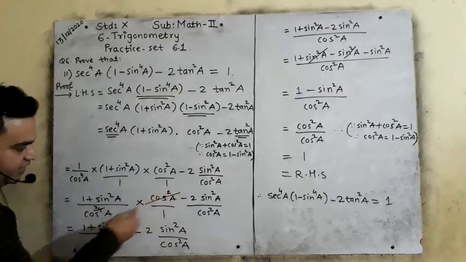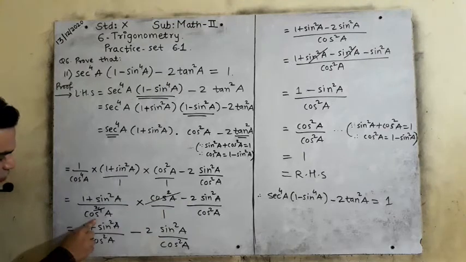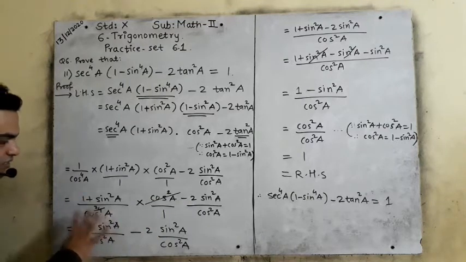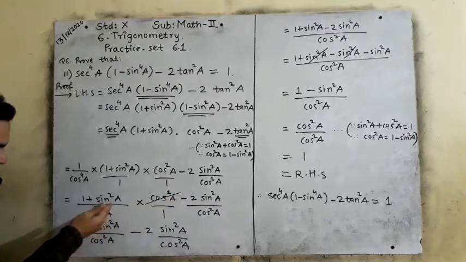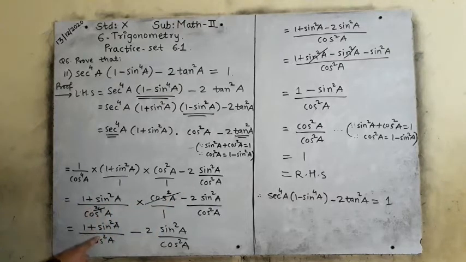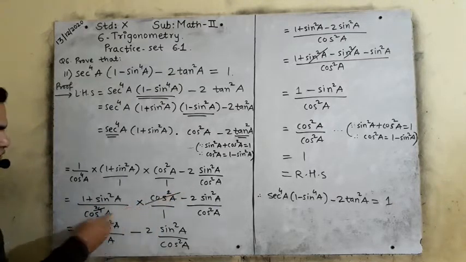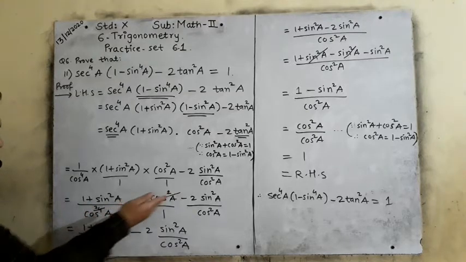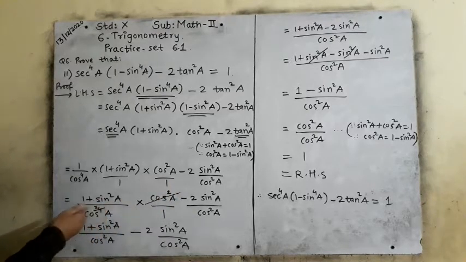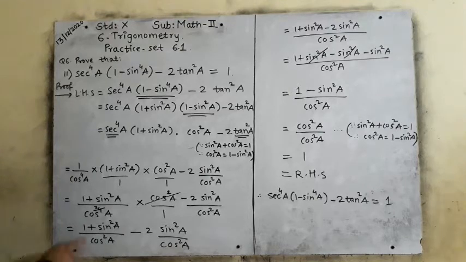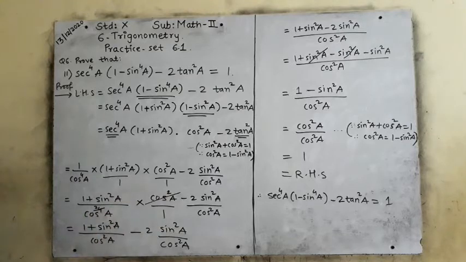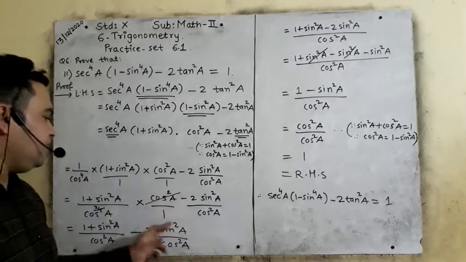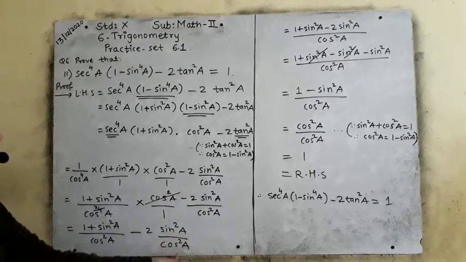Cos square A is cancelled, because here cos is raised to 4 and there is cos square, so 2 of the 4 get cancelled. So how much will be left? 2. Here it is square, here it is raised to 4, so 2 cancels from the 4. What will remain? 1 plus sin square A upon cos square A, minus 2 sin square A upon cos square A. Is it clear?